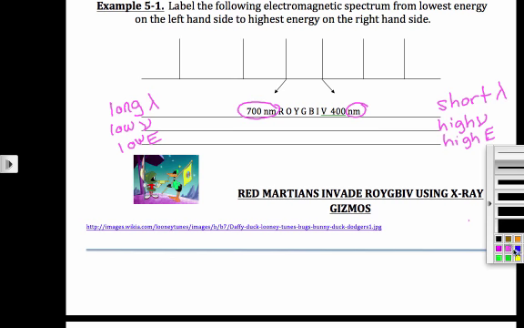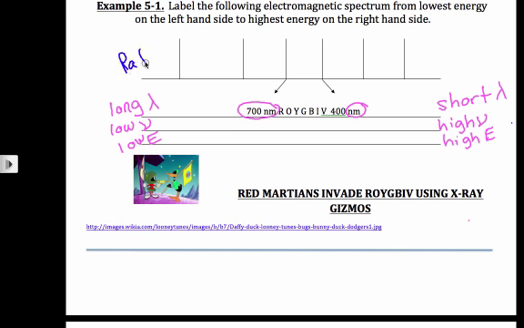Now, as we look at this, this would be your radio, and this is going to be your microwave. You know the symbol micro. This is the microwave, that's what we cook with. This is your infrared. Notice that it's just below red, infrared. This is, of course, your visible range. This is your ultraviolet. Ultra is above the violet end.